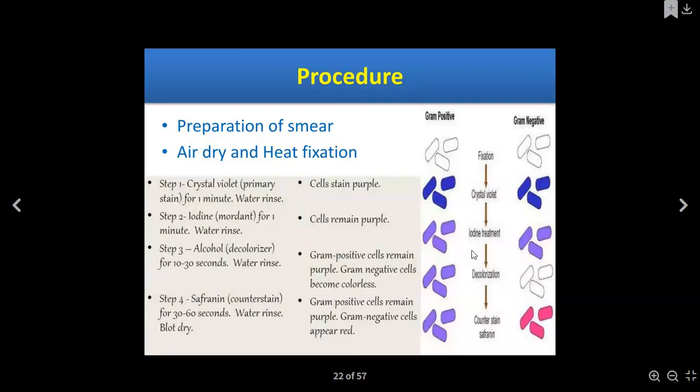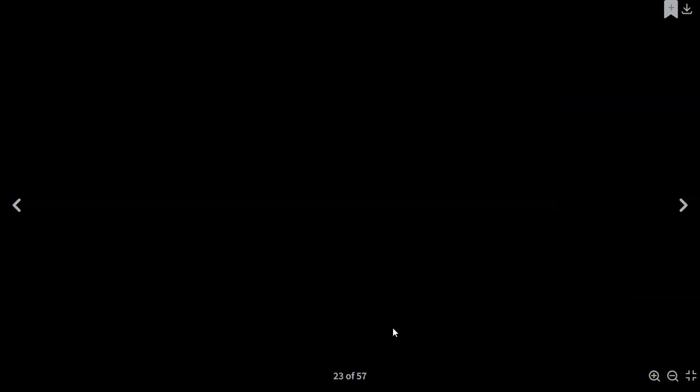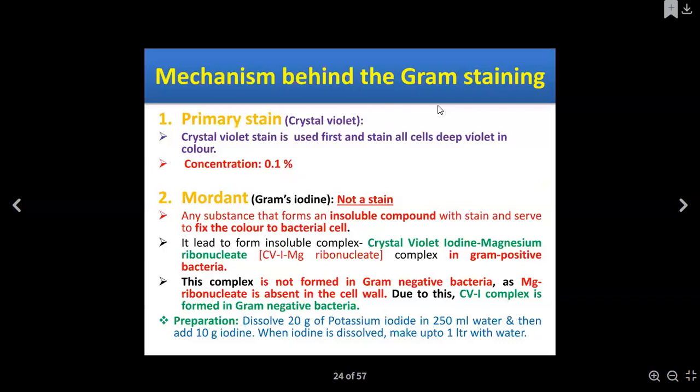They both take up that crystal violet. We add the mordant first to fix the dye, the crystal violet dye. We add the alcohol to do what? To decolorize. Then finally, we add the saffron as the counter stain, and we're able to see the difference. Yeah. So that is it for gram staining.